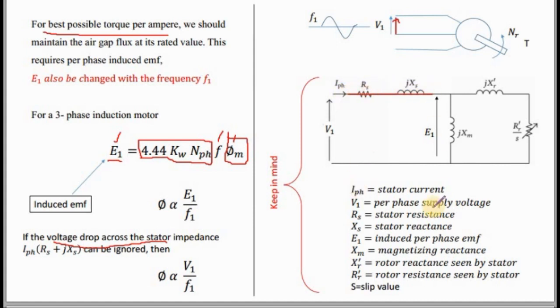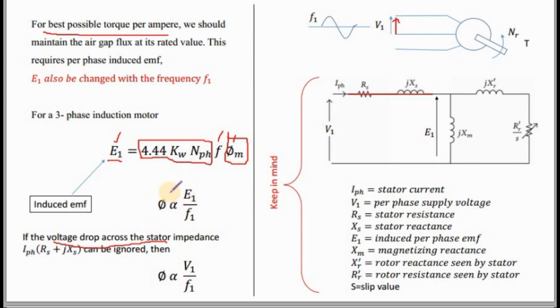You can say that V1 is equal to E1. So V1 is this one, the voltage we apply to the stator. V1 is equal to E1.